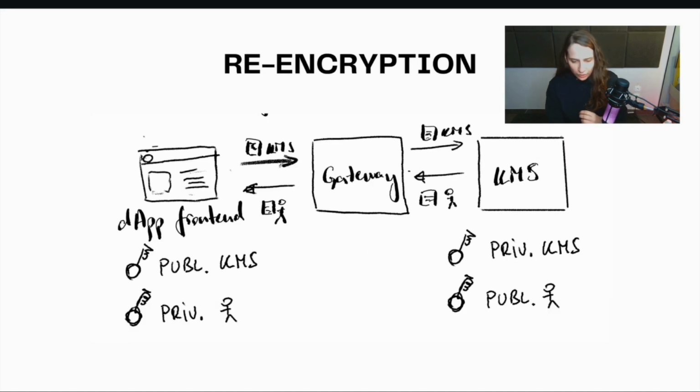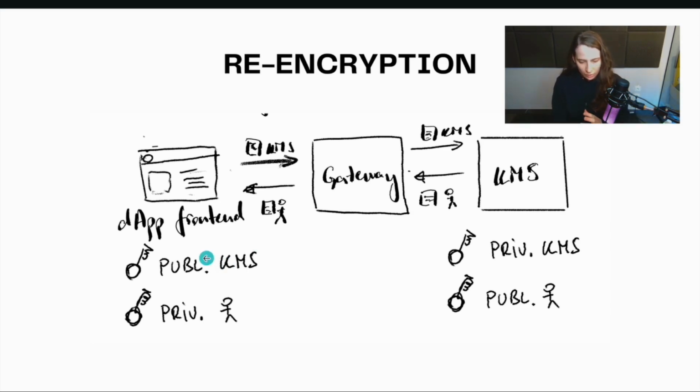All right. On the re-encryption side, the re-encryption basically happens on the front end. On the dApp front end, the data is basically encrypted with the KMS key. So the dApp front end holds the public key of the KMS and the private key of the user.